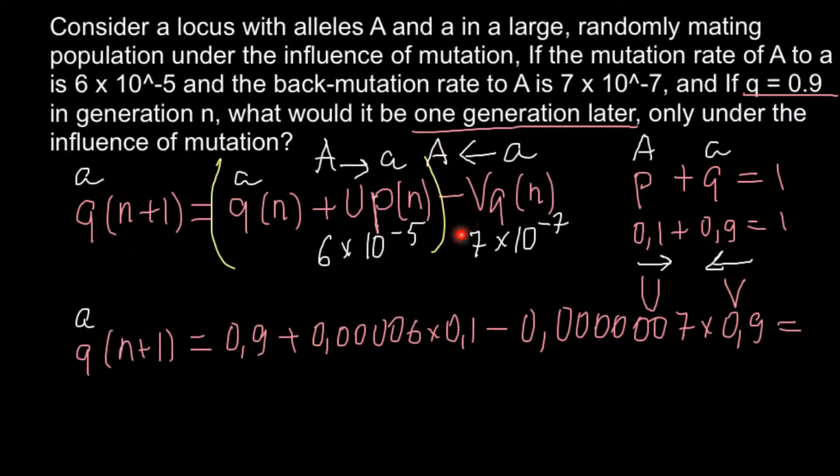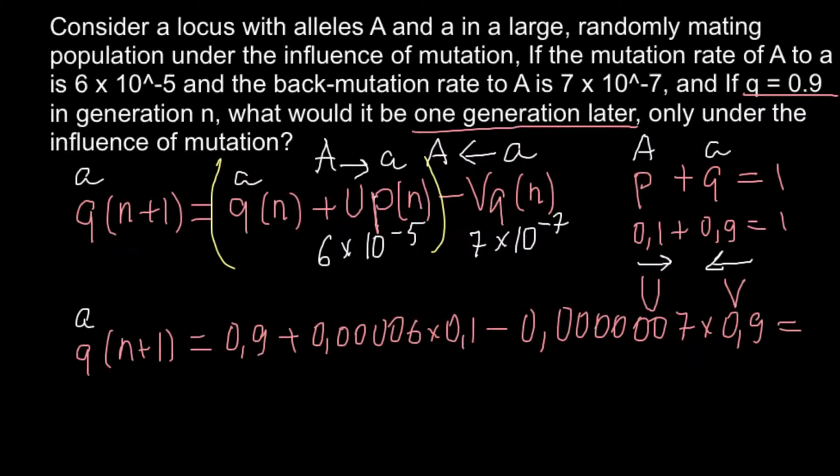And as you see, this number is much smaller, so we can say that in the next generation we would have more recessive allele A than dominant allele. So this number would increase, and the number of the dominant alleles in this gene pool would decrease. So let's see what we have here.